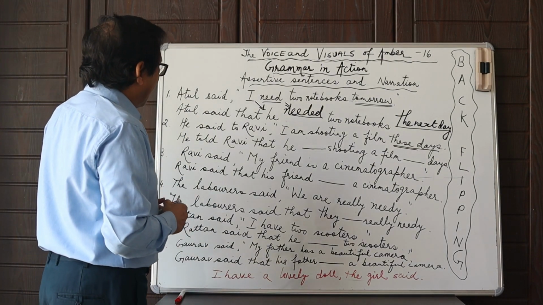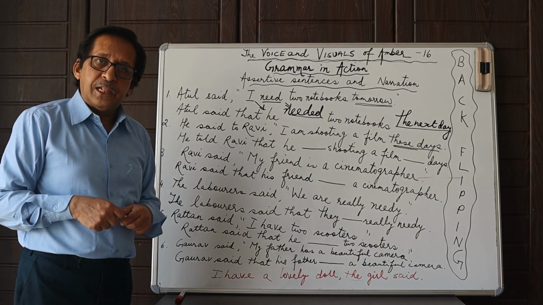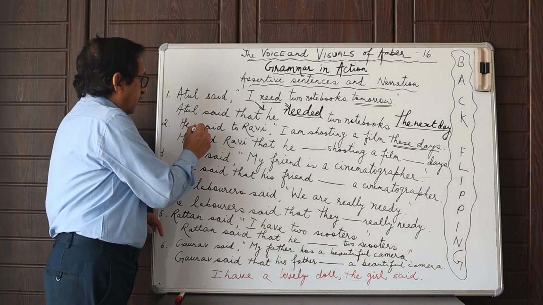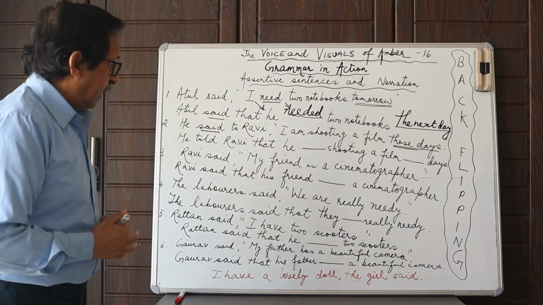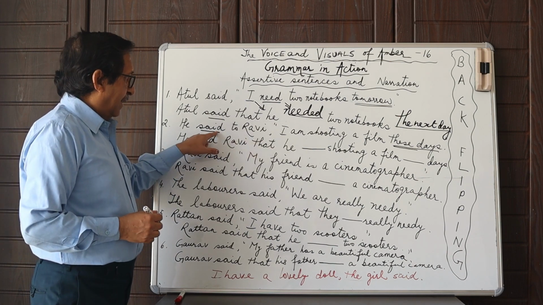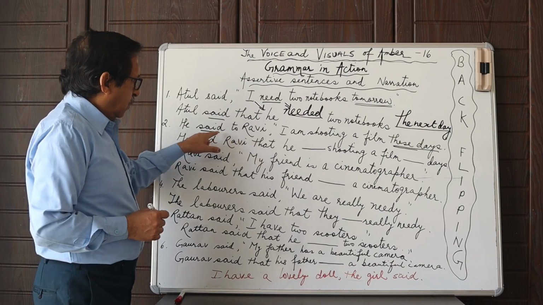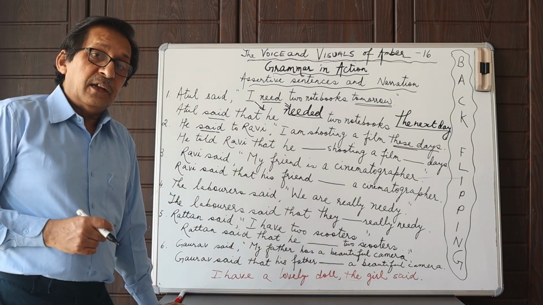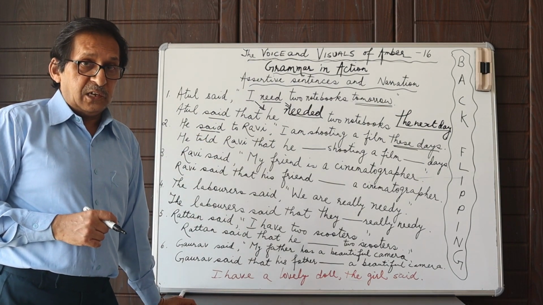Let's look at the second sentence. He said to Ravi, I'm shooting a film these days. Okay, again, here is the reporting verb in the simple past tense. He said to Ravi. So when we say said to Ravi, normally when we are reporting, we change this to told. Remember, the tense of the reporting verb can never change its form.